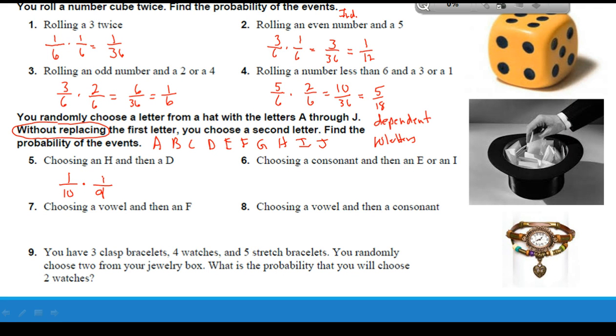And there's 1 D. So 1 times 1 is 1, and 9 times 10 is 90. So you have a 1 in 90 shot at drawing an H and then a D. Okay, choosing a consonant and then an E or an I.